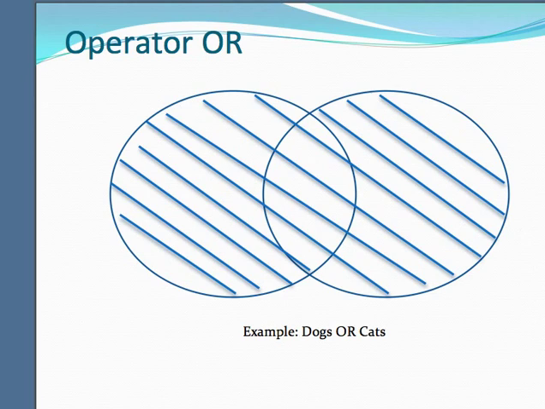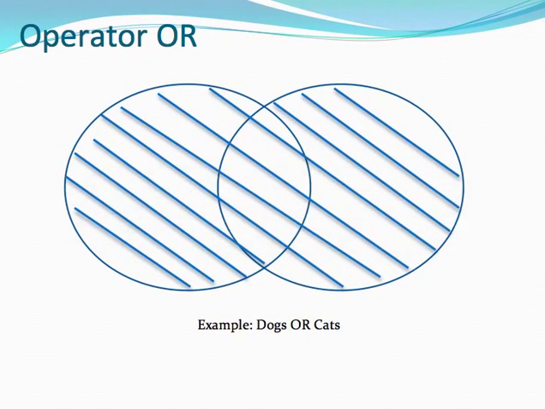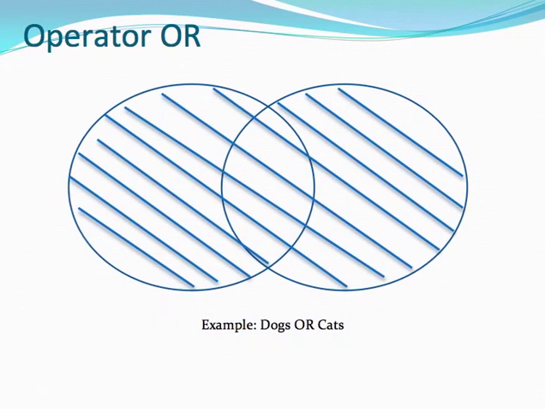Here is a very simple example to understand the concept of the Boolean operator OR. When we use, for example, two keywords, dogs and cats, and we combine them with the operator OR, we will retrieve every resource that has the word dogs, and every resource that has the word cats, and every resource that has both words.